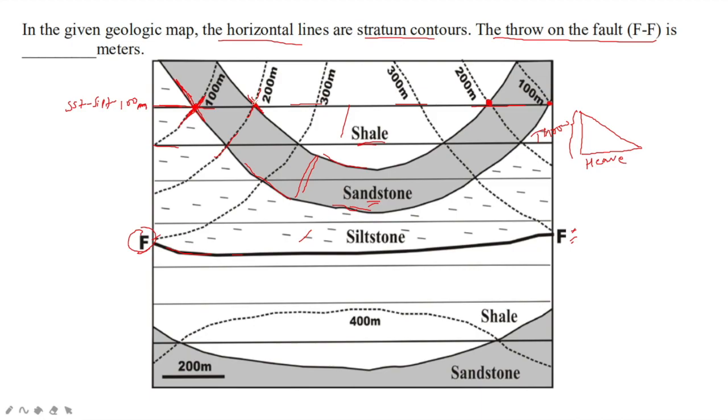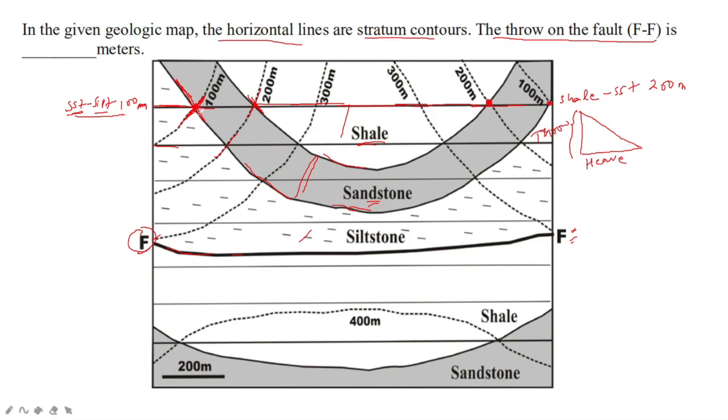So joining these two points, you get another stratum contour which exactly overlaps with the 100-meter stratum contour of sandstone and siltstone. So for this shale sandstone layer, I'll write that this is a shale sandstone 200-meter stratum contour.